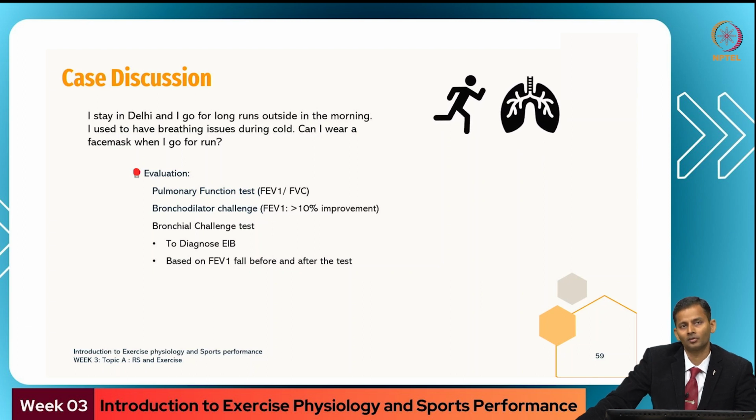Subsequently, if you feel that the individual has exercise induced bronchoconstriction, then you would proceed with a bronchodilator challenge. This is basically to rule out bronchial asthma, wherein you give a bronchodilator and then repeat the test. If there is an improvement of more than 10% in FEV1, then you would label the individual as bronchial asthma, and then you treat the individual for bronchial asthma.